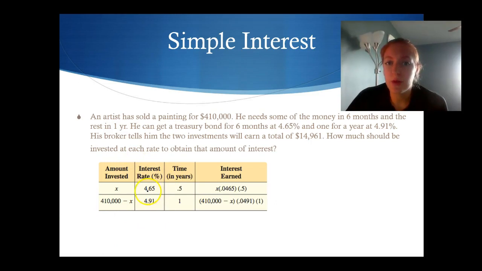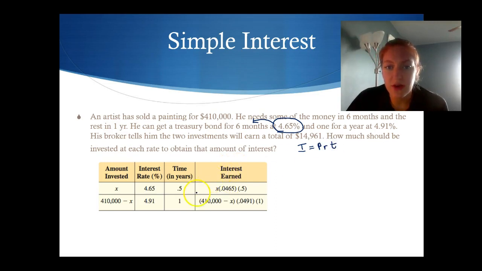And then you see with the 4.65 percent account, we're only investing it for 6 months. So how many years is that? Well, that's 6/12, which is 0.5. And what they did is they said, okay, I'm going to take my interest equals PRT. So let me write that out here. I equals PRT.